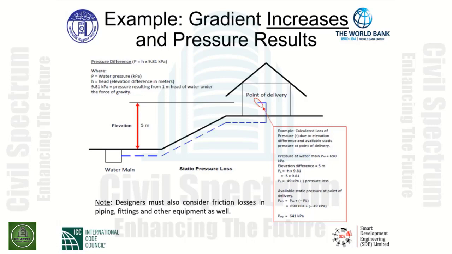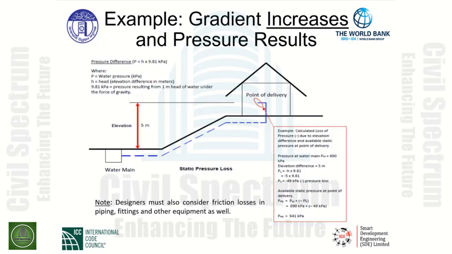The example given in the box located at the right side of the slide indicates calculated loss of pressure. This will be negative due to elevation difference and available static pressure at point of delivery.